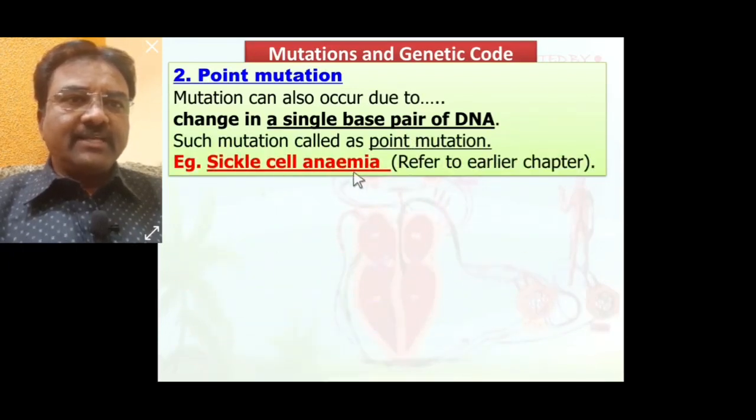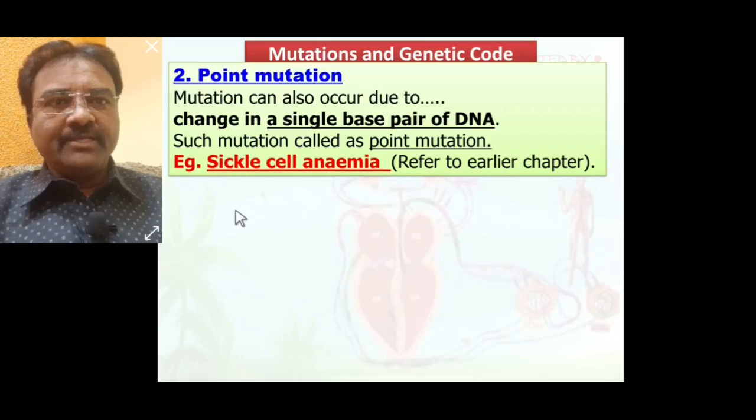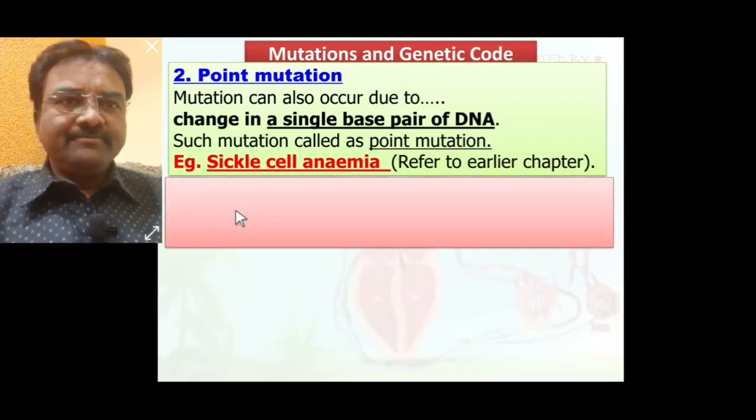Example: sickle cell anemia, which we referred to in the previous chapter. Always remember, sickle cell anemia is one of the point mutation examples.